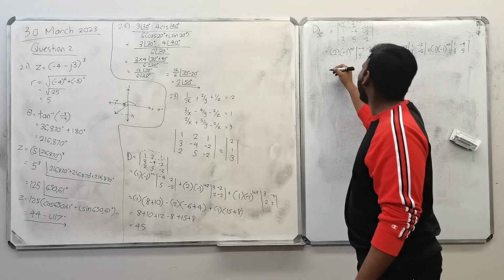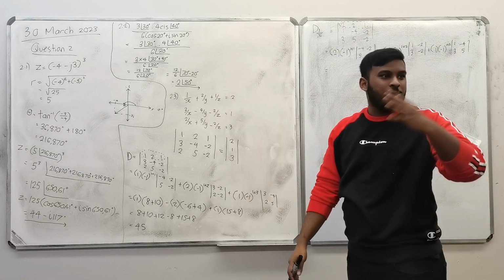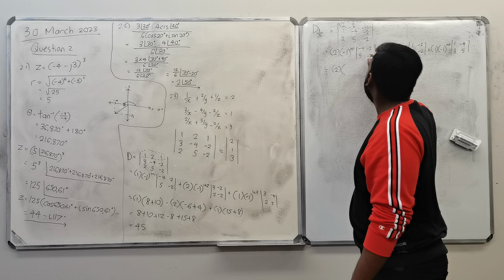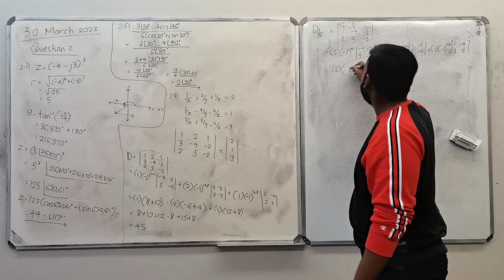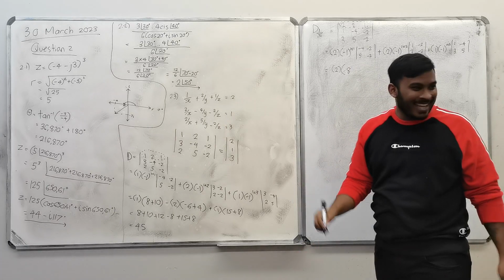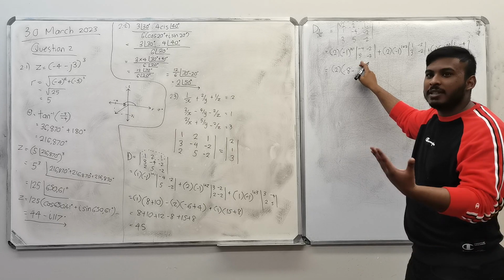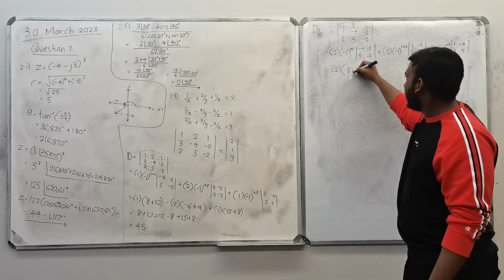Minus 1 to the power 1 plus 1 is minus 1 squared, which is positive 1. Times 2, positive 2. Minus 4 and minus 2, 8. Plus this, minus 2 and 10 is minus 10, times the negative sign will make it positive 10.